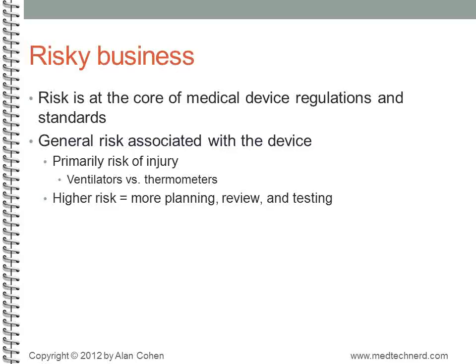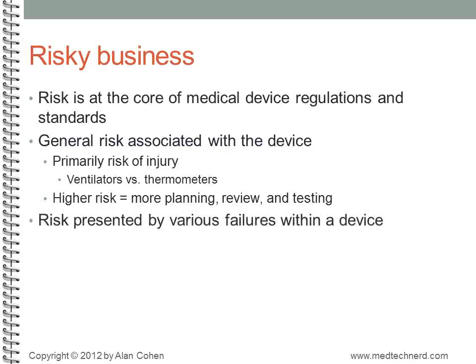Basically, devices with inherently higher risks need more planning, more review, and more testing. Next, there are the specific risks associated with any given device design due to failures, such as hardware or software failures. These need to be identified and reviewed for each individual product, and decisions made as to whether they should be mitigated or not.